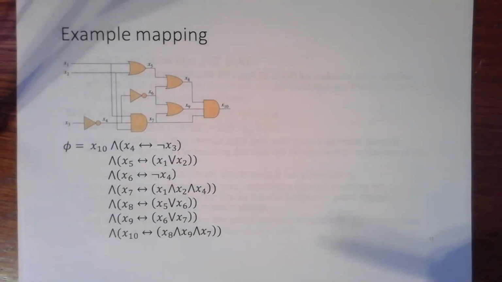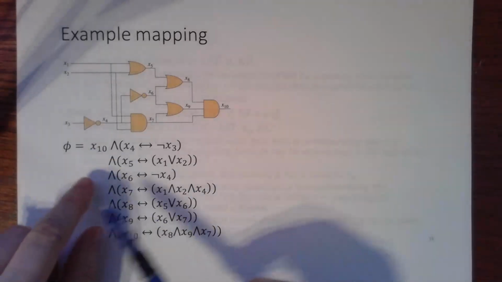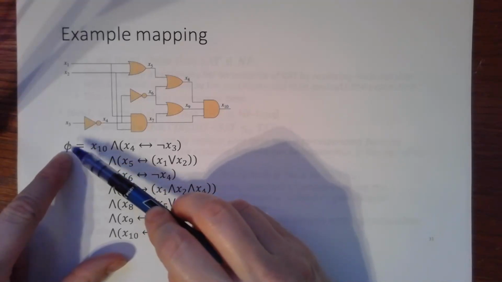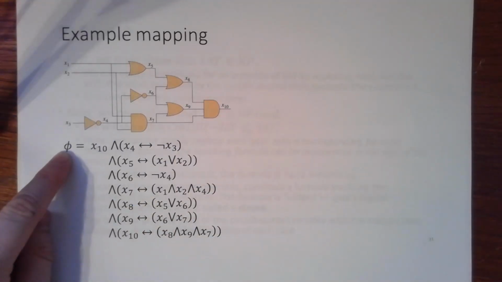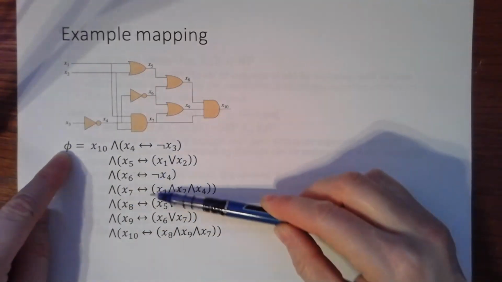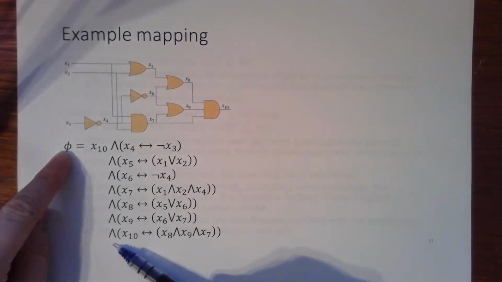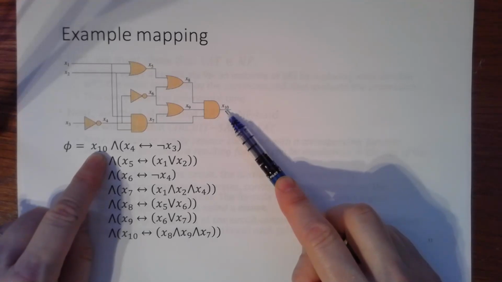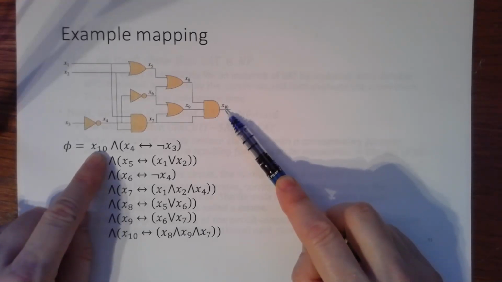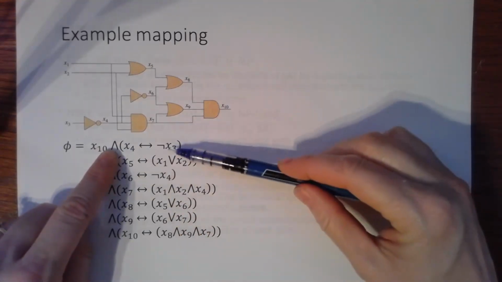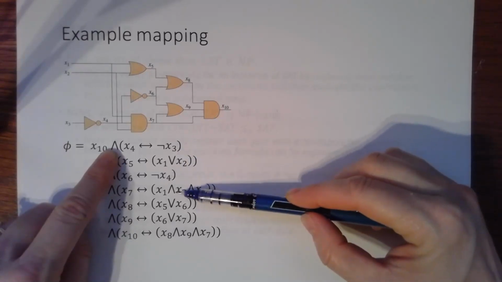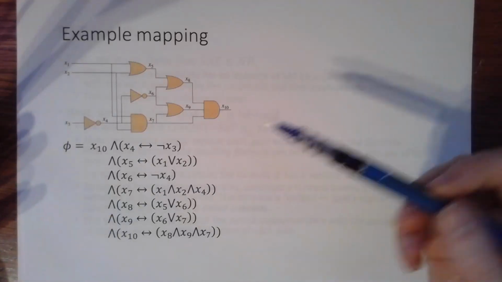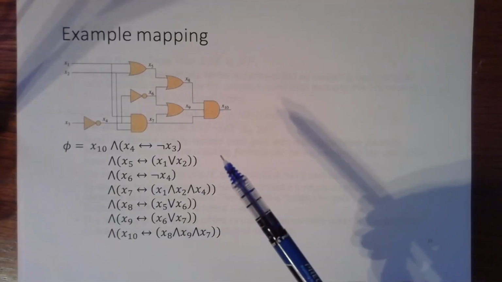If you think about what this is doing, the only way for the formula, the formula for phi, to evaluate to true is if every single one of these evaluates to true. That's the way AND works, right? So the output of the circuit has to be true, and each gate has to operate as it's designed to.